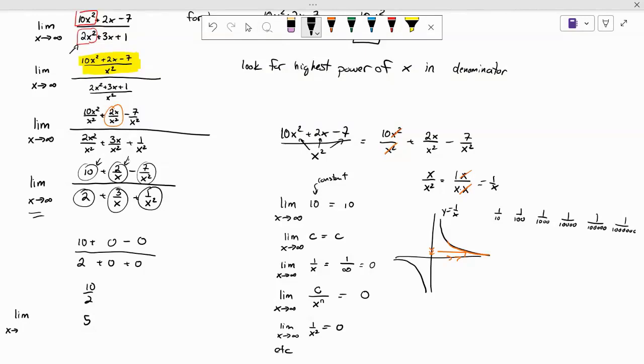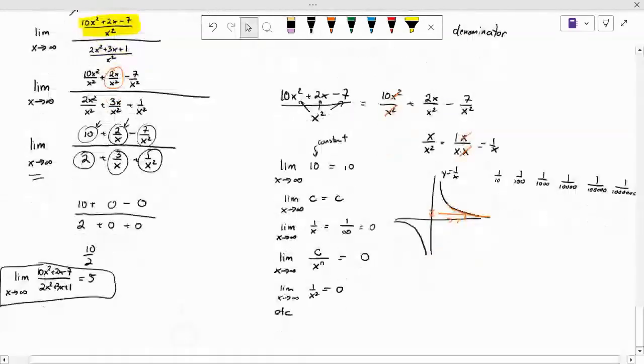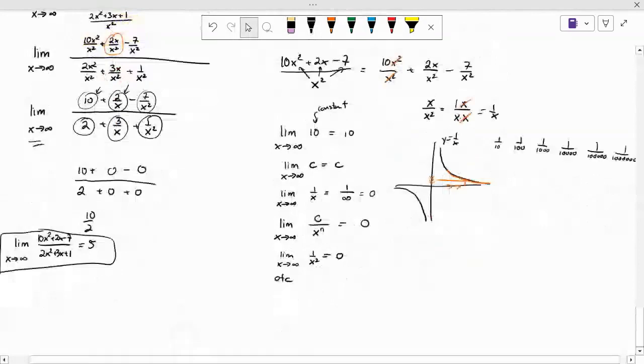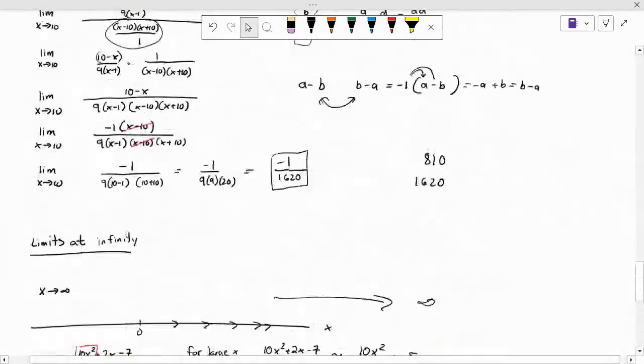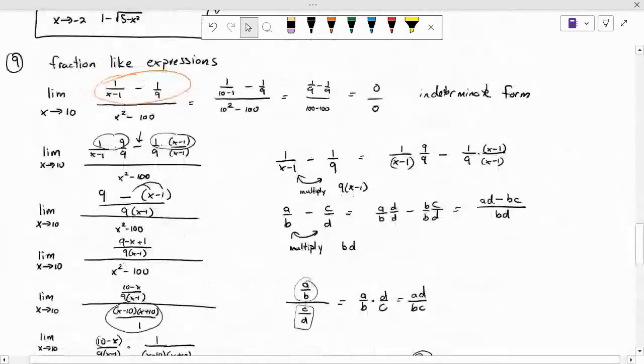Just kind of like what you would get if you see the pre-calculus concepts as well. All right. This was example number 10.